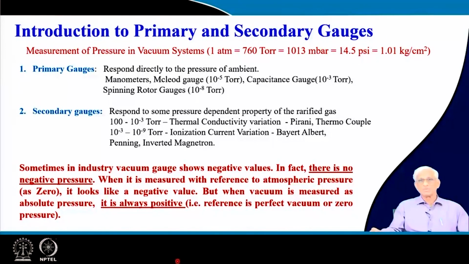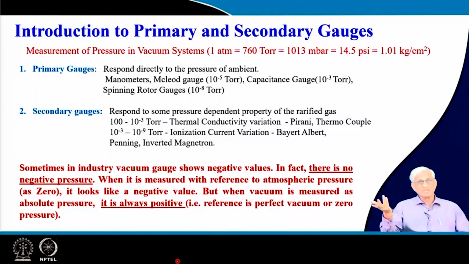P2 minus P1 into A, force, we are not going to question. P1 V1 equals P2 V2, we are not going to ask any question to anybody. So the gauges which are working on well tested fundamental principles can be called primary gauges.